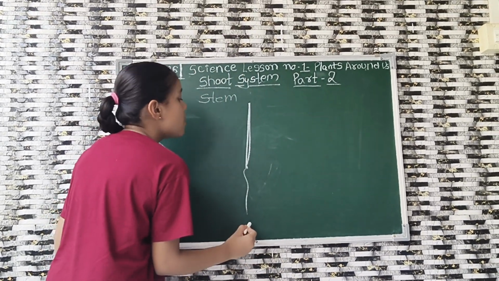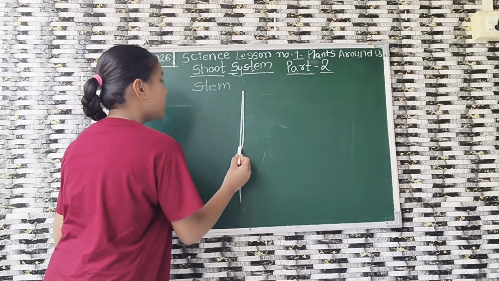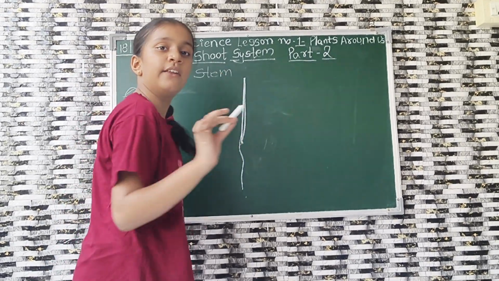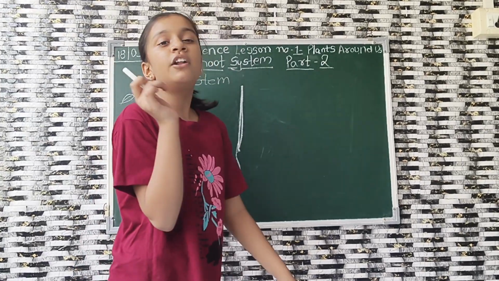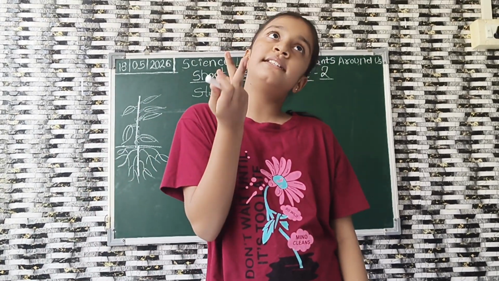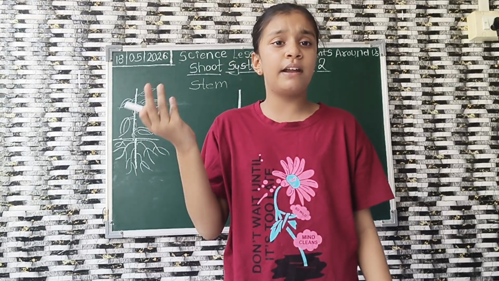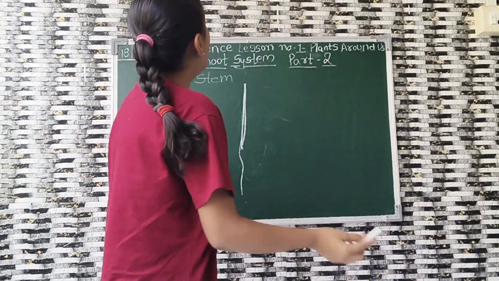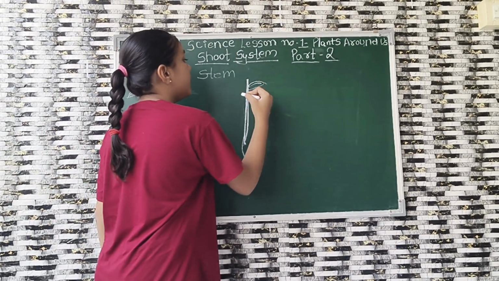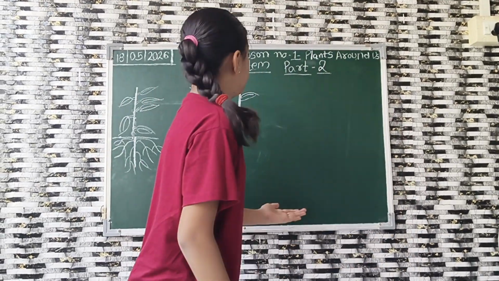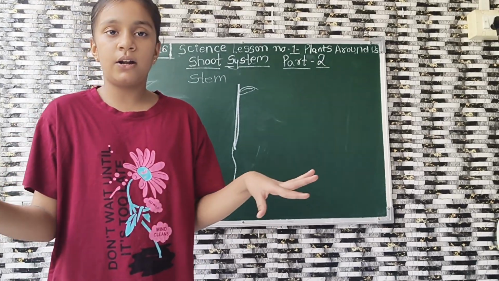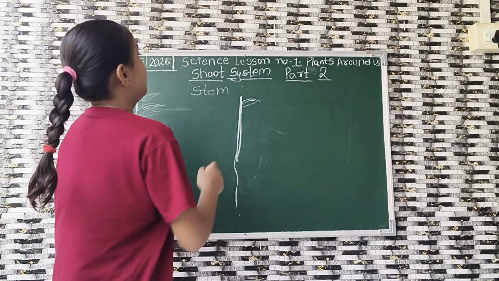So the stem carries water and nutrients to the whole plant, and it also carries the food. Now you will ask, teacher, which part makes the food? The leaves make the food. You will ask, the leaves are present on every part of the plant, so how does the food reach them?